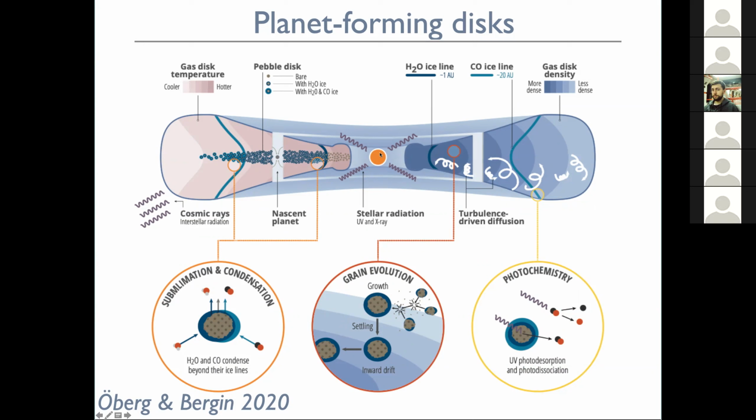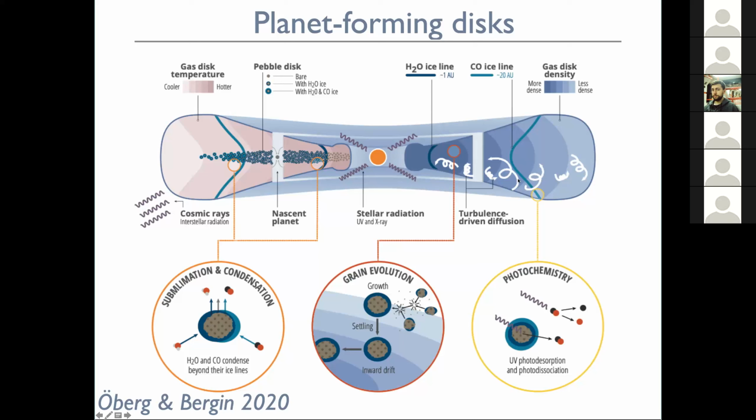So here, for example, you can see the central young star, and then you have the disk with this shaded blue and also pink, showing that the density is decreasing toward the outer part of the disk, and the temperature also becomes cooler in the outer part, of course, because of the stellar irradiation, partially, as we will see.